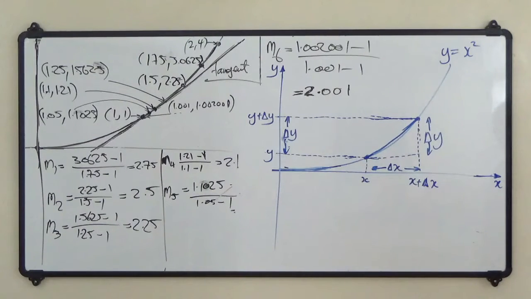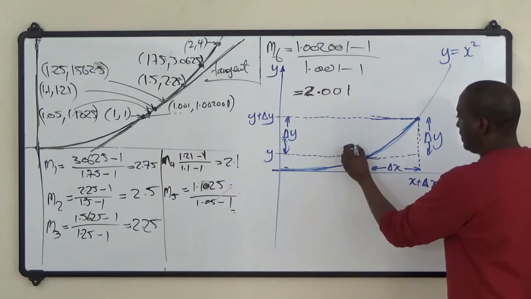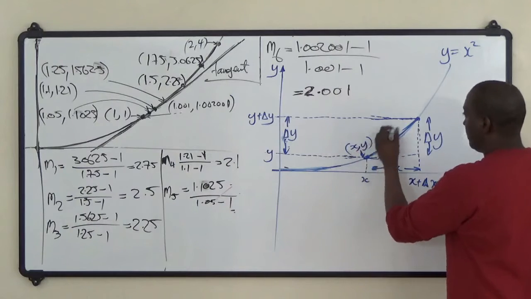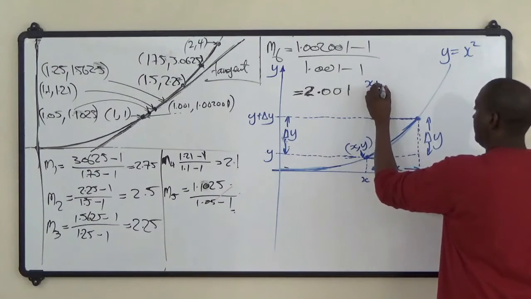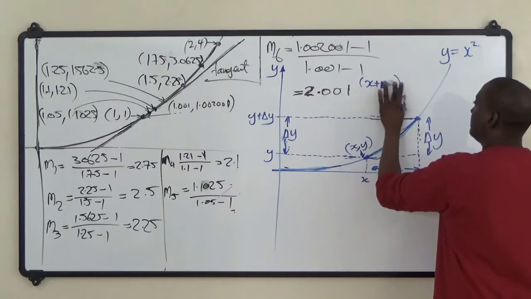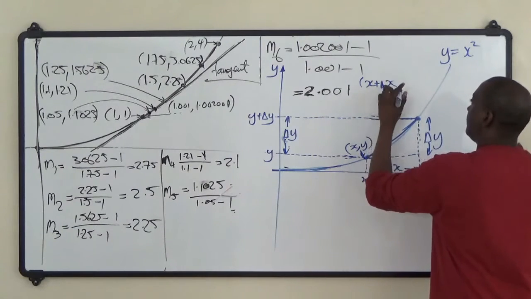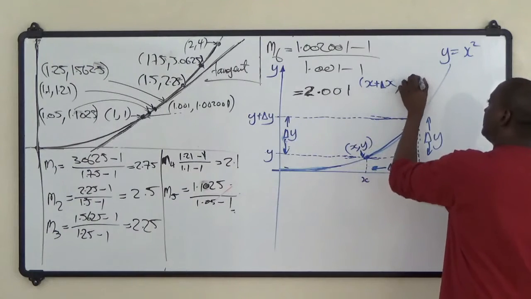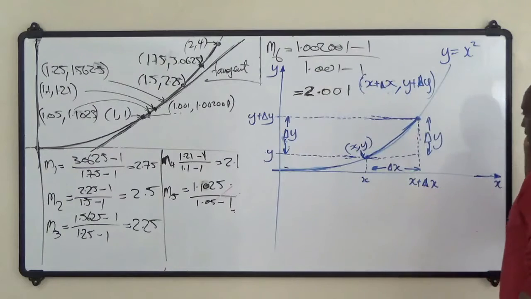The problem though is that this here is the point x, y, and this here is the point x plus delta x, y plus delta y. All right?